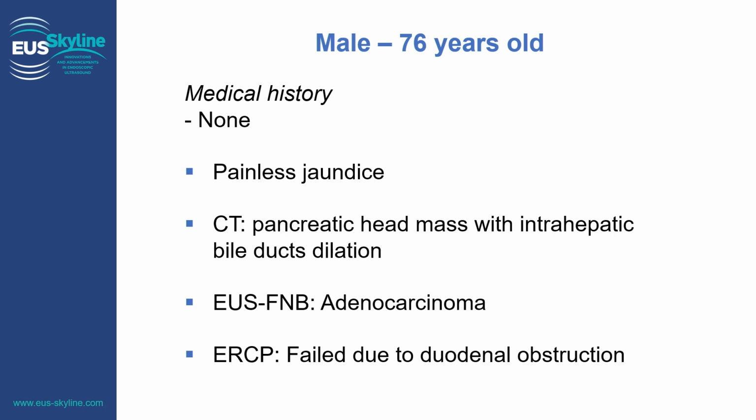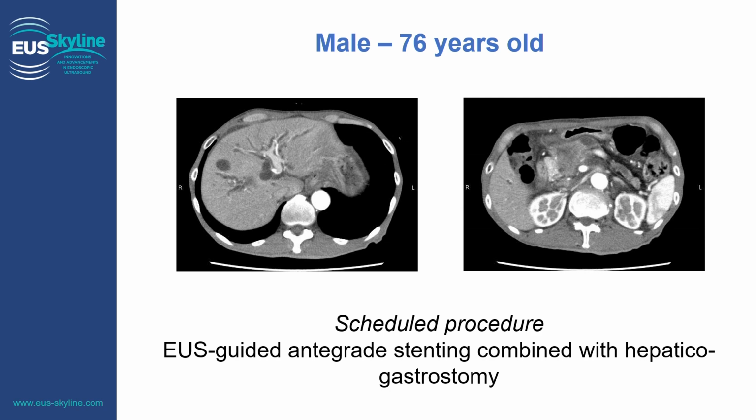After EUS-FNA, adenocarcinoma was obtained. Therefore, we tried to insert the duodenoscope into the duodenum. However, because of duodenal obstruction, biliary cannulation failed. Next slide. This is a CT image.